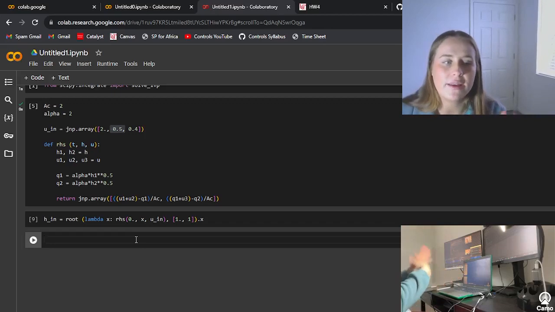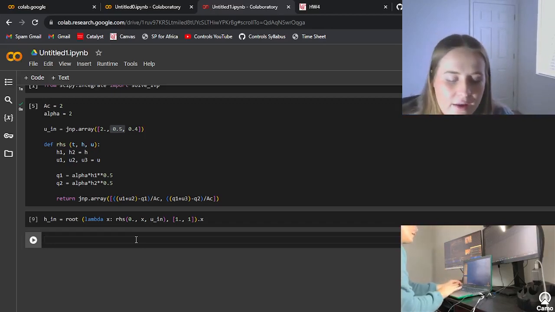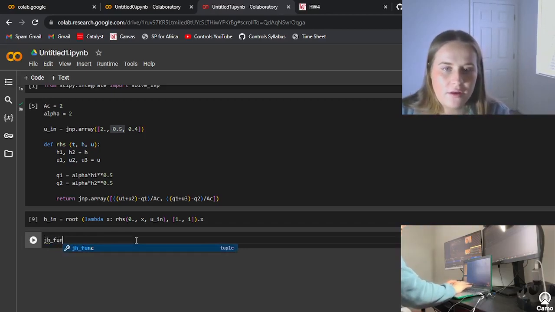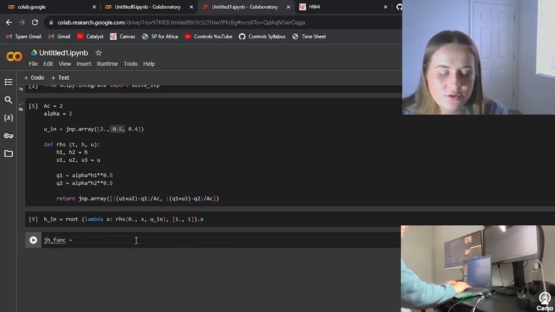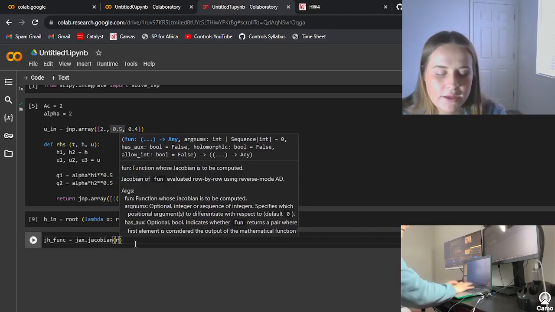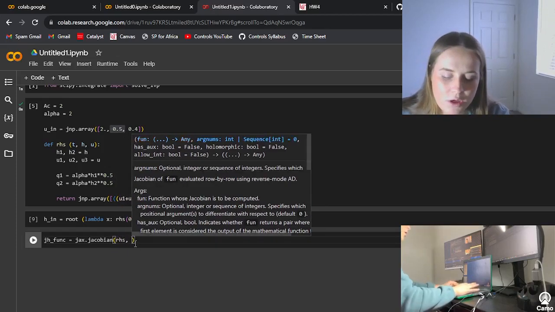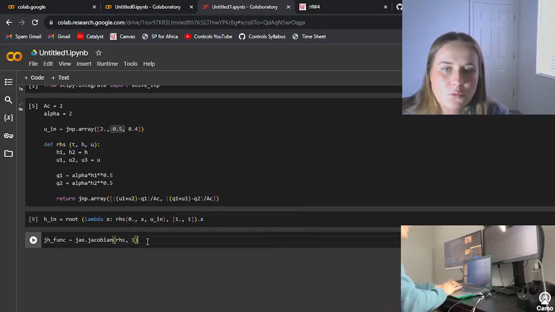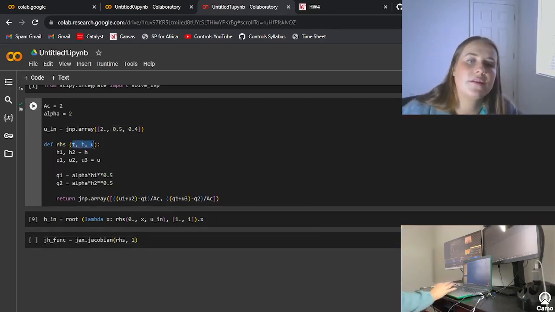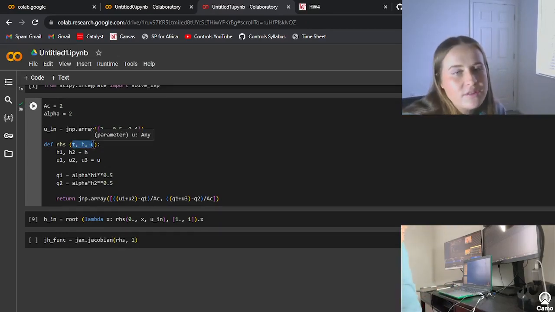And then down here we will start with our JH function. And this is equal to Jax dot Jacobian, the right hand side, and 1.